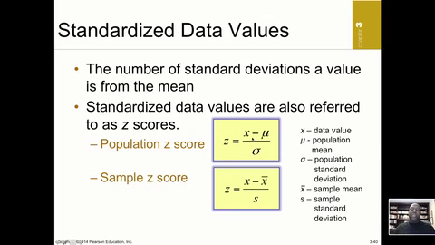So let's just take an example. If the standard deviation was 5, the mean of the population was 20, and I'm looking at a value of 40, then 40 is 20 units different. There's a difference of 20 units between 20 and 40. But if I divide it by 5, 20 divided by 5 gives me 4.